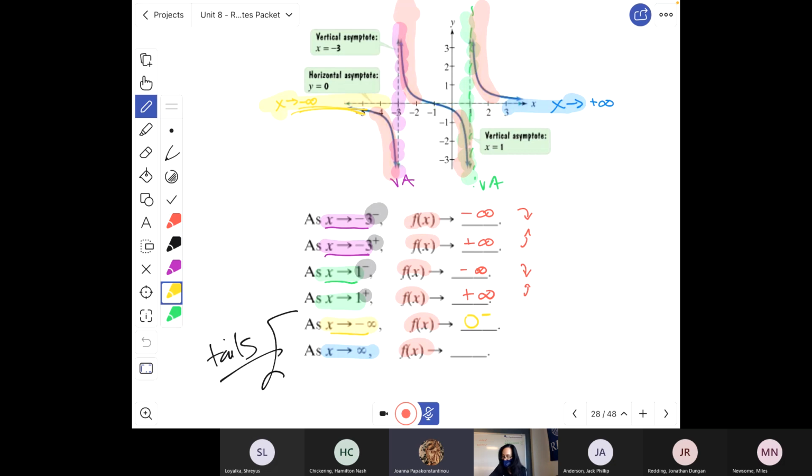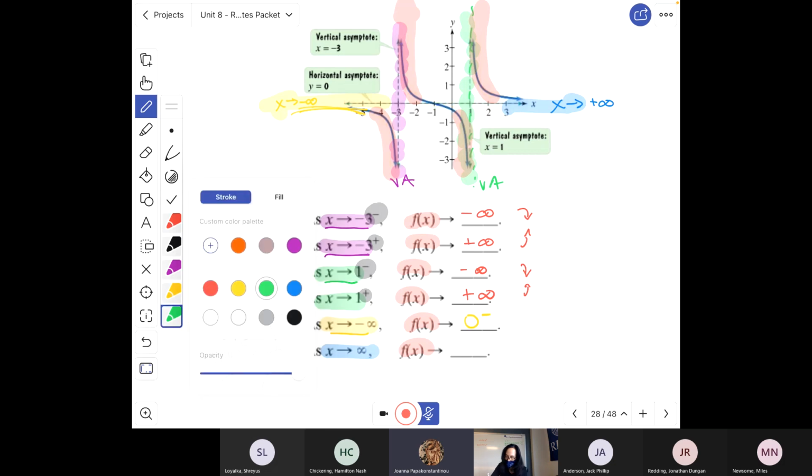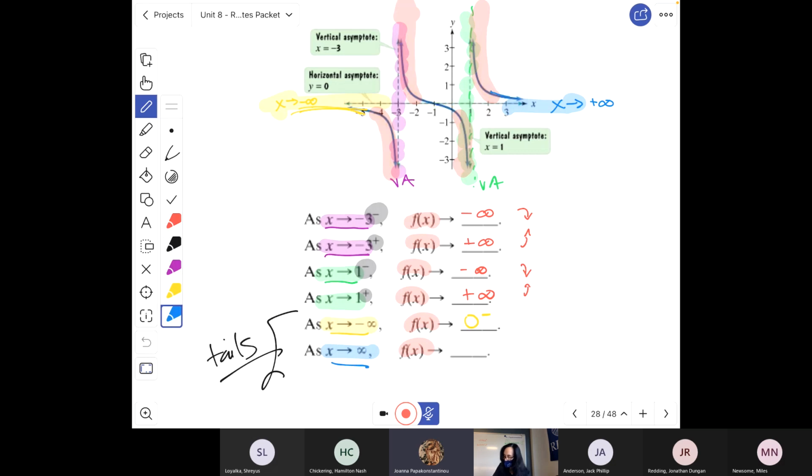Yes. Let's look at the right tail. As I'm going to +infinity, what is the graph doing? From above. Any questions on arrow notation?